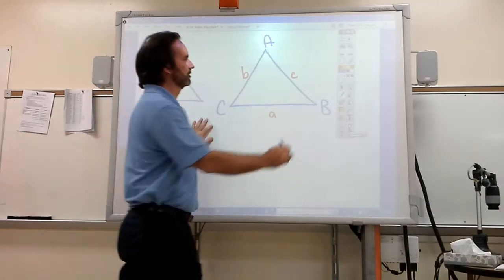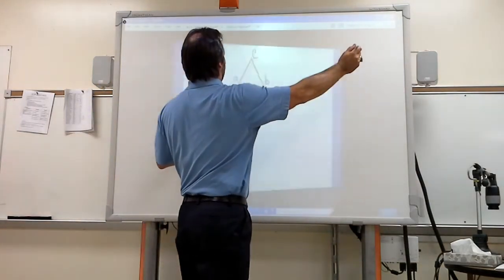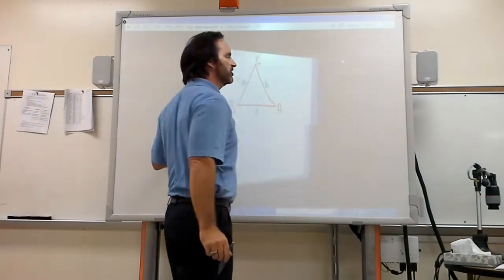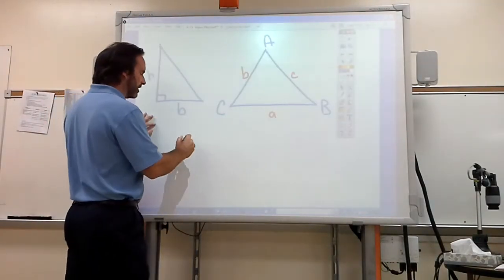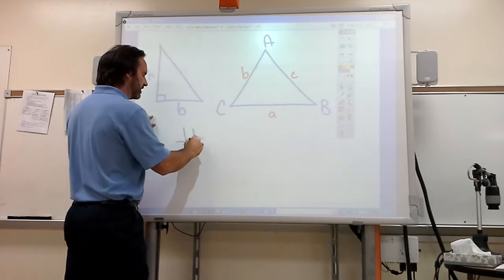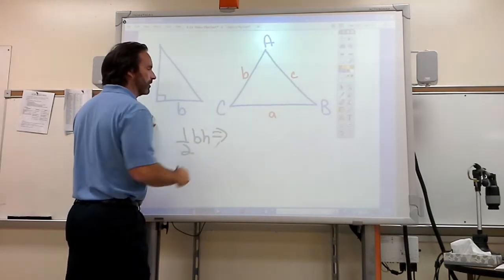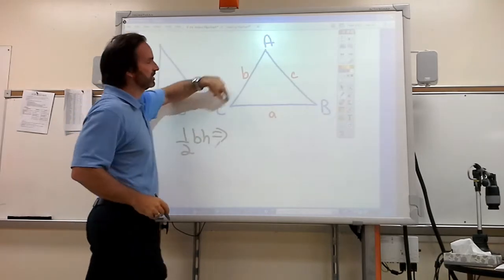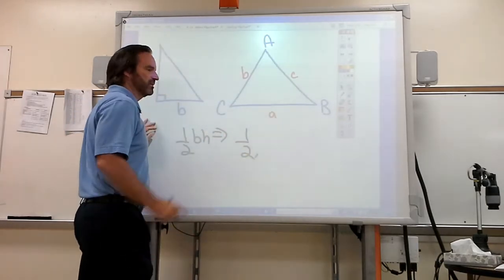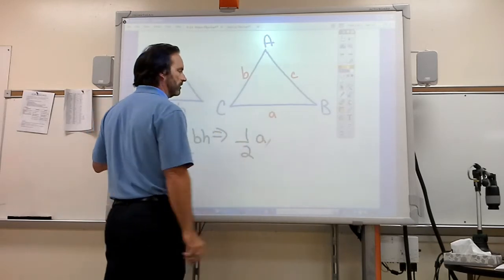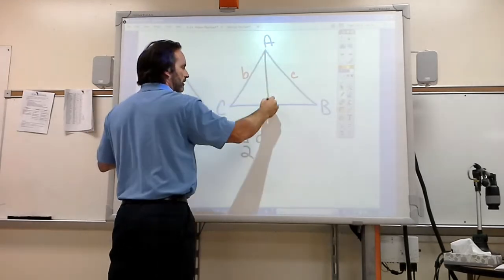So in this case, let's do the area of this triangle real quick. Sorry about that, I got flustered. Remember, 1/2 base times height. So the area of this triangle here, where CAB, will be 1/2. What's my base? A. What's the height?